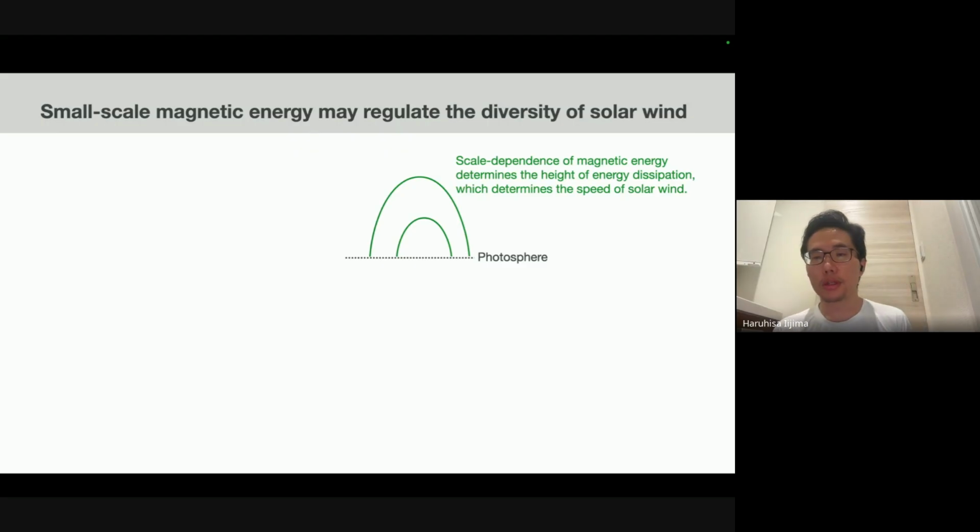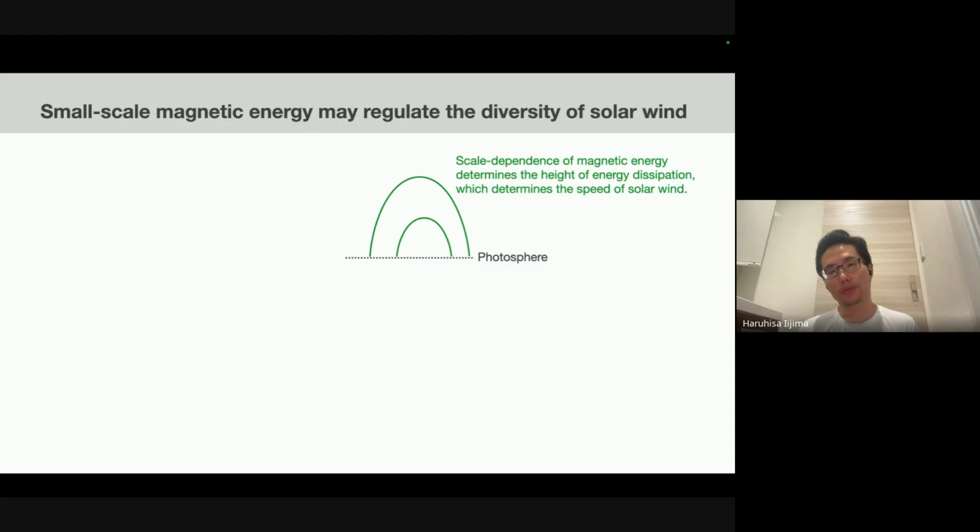The scale dependence of the magnetic energy determines the height of the energy dissipation, which determines the speed of the solar wind. For example, when the spatial scale or horizontal scale of the magnetic energy is small, then the reproduced coronal loop is short, so the energy will dissipate at a lower height.